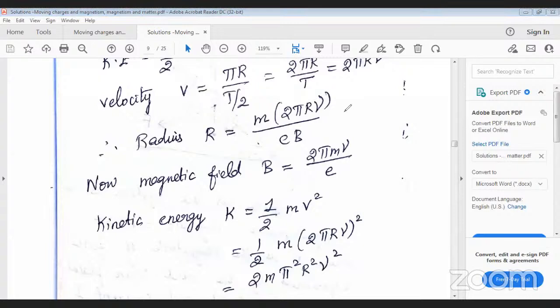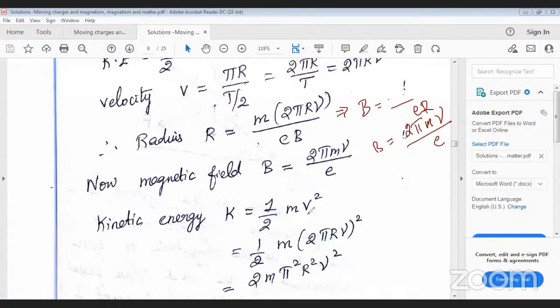In this equation, B is equal to m into 2 pi r into nu divided by e into r. So this r and r will get cancelled. It will leave you with 2 pi m nu divided by e. So I am writing B equals 2 pi m nu by e. This is the value of the magnetic field.